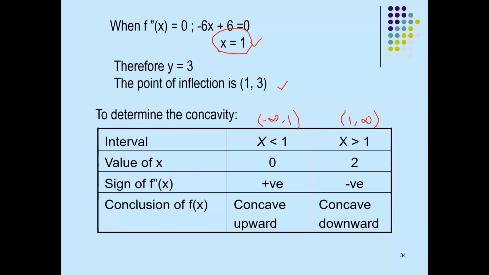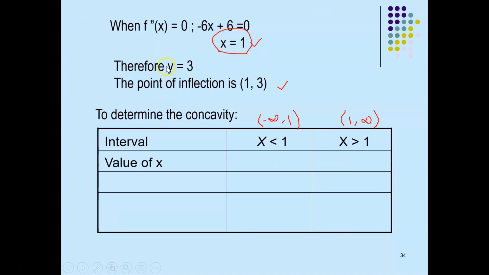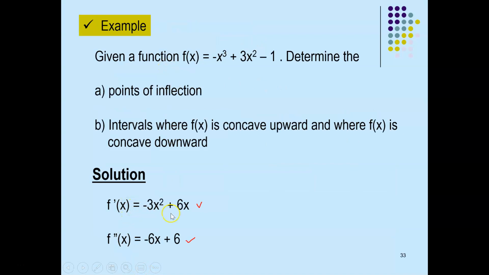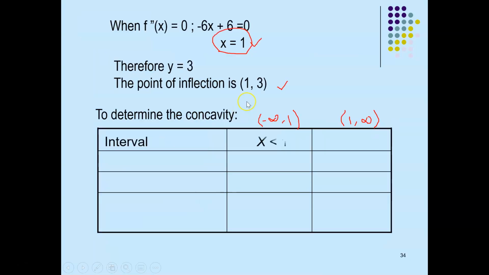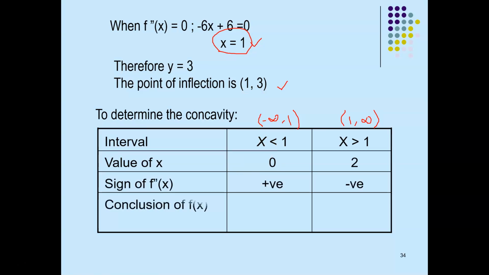Remember, inflection point, it has to be second derivative. You can differentiate dia 2 kali, macam ni. Like this. Okay, differentiate sekali, differentiate lagi sekali. Then baru you ganti masuk the answer, you get the inflection point. Then to determine whether they're concave upwards or downwards, you just, again, you need to use this table lah.